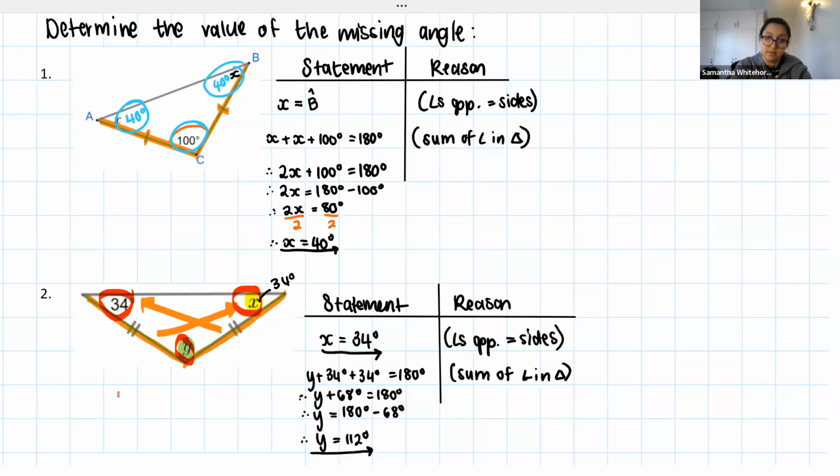You cannot do only 2 angles equal to 180. So you can't say x plus 34 equals 180. It has to be all 3 angles in our triangle. So you'd have to say 34 plus x plus y equals 180. It can't just be 2. Thank you, ma'am.